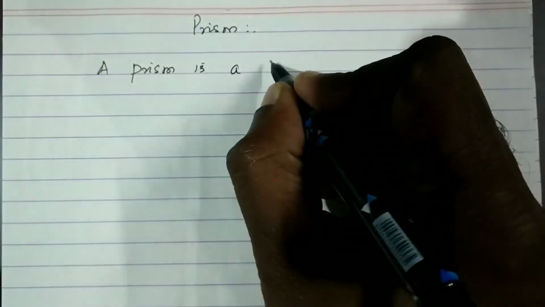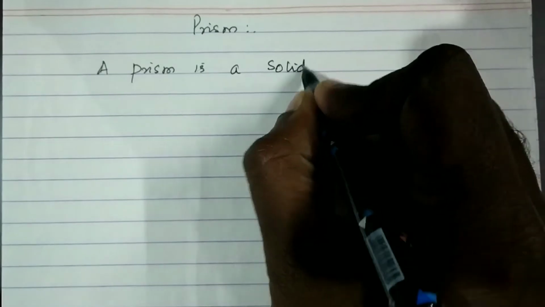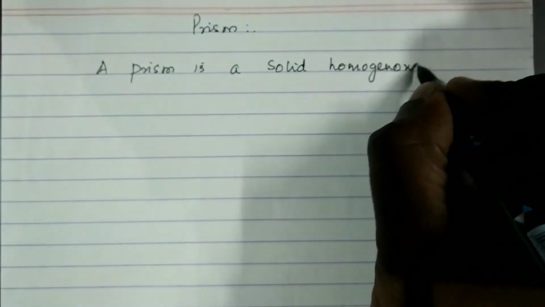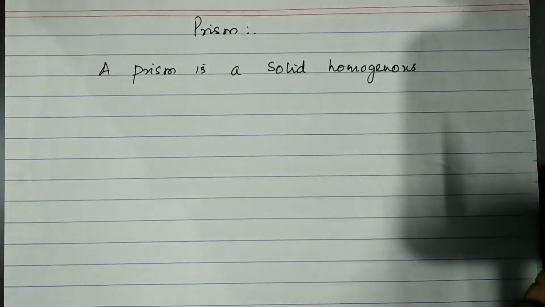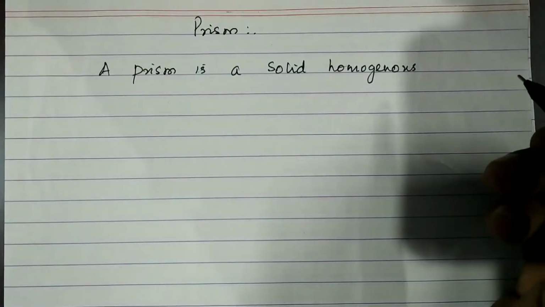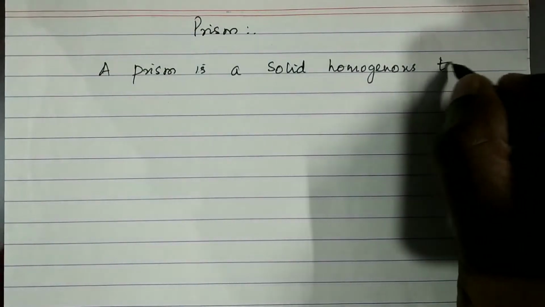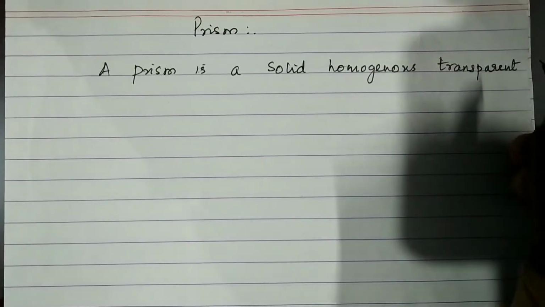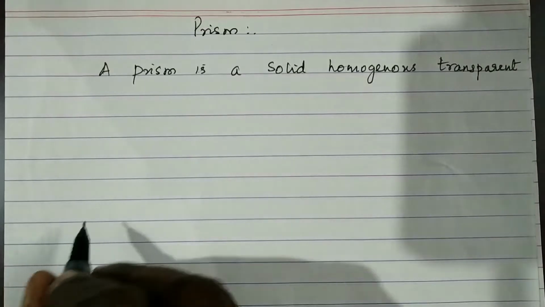Prism. What is a prism? A prism is a solid, homogeneous. What is the meaning of homogeneous? Made of same material. Transparent. Meaning of transparent is light can pass through.